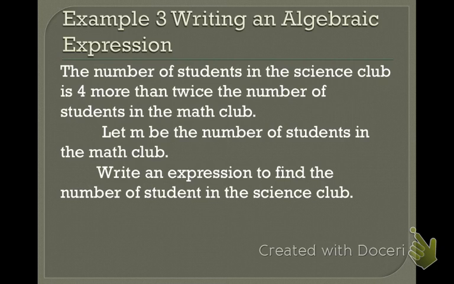Okay, so now we have another example of a word problem. I'm going to use my same technique. I'm going to read my problem. The number of students in the science club is 4 more than twice the number of students in the math club. Here it says, let M be the number of students in the math club. That's my variable, so I'm going to put a box around my variable. I'm going to underline my numbers.